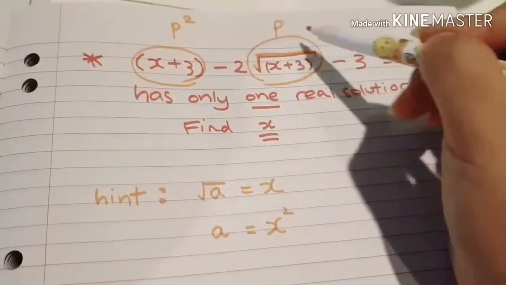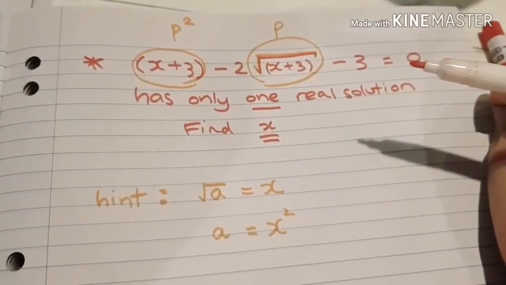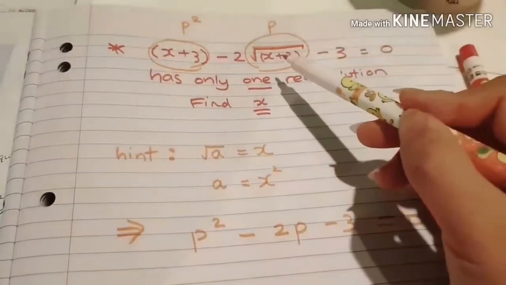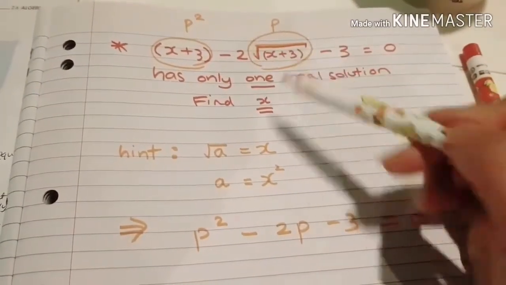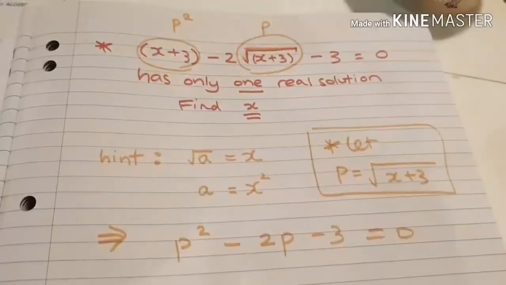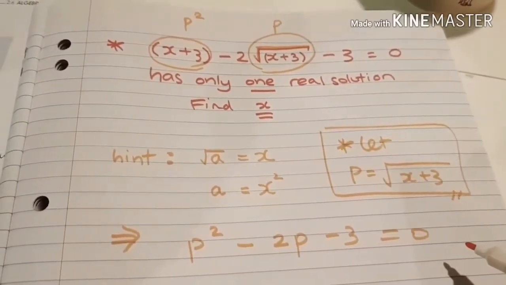So if I let this one be p, that one will be p to the power of 2. Do you get this? So I substituted in p and made it into a simpler quadratic equation. I wrote it down just in case I forgot.